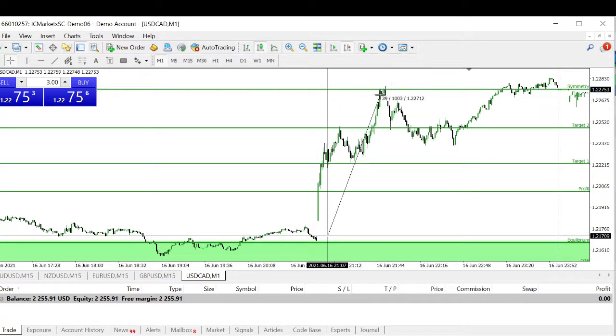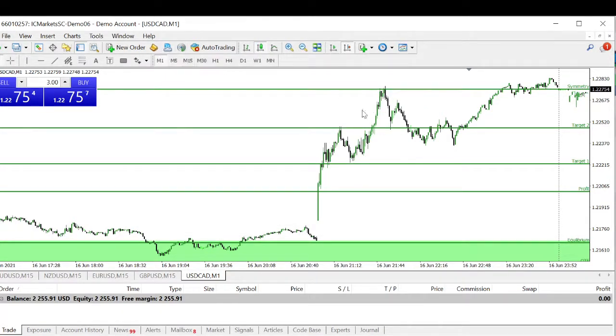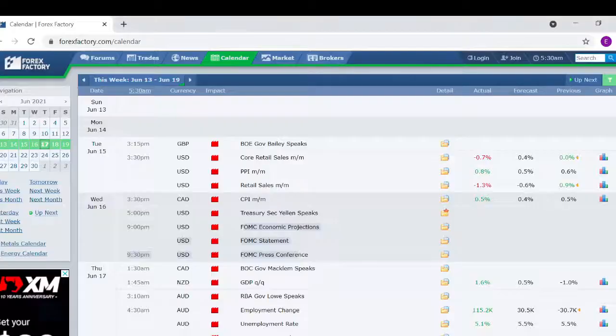So FOMC is something that I'm incorporating in my trading strategy, and I will ignore the CPI. The CPI, these are not good news, and as the core retail says also, they are not very effective.